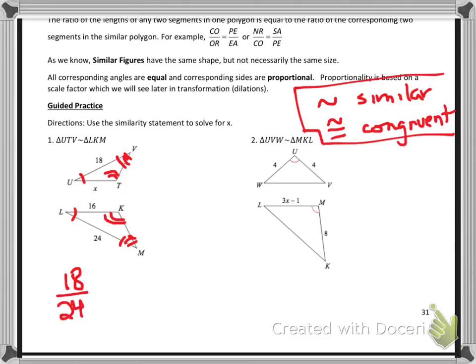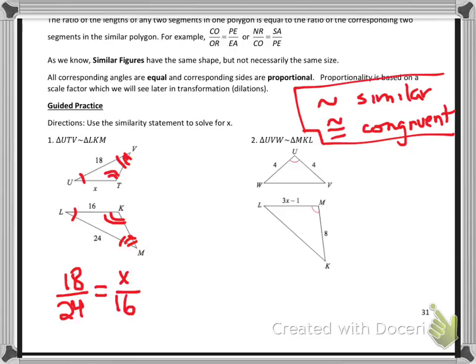Now, if I set up ratios between other corresponding sides, they have to come out to be the same fraction. So this has to be equal to what I get if I take the distance from U to T, which is x, and divide it by the corresponding side in the other triangle, which is from L to K, which is 16. So I have two fractions equal to each other.